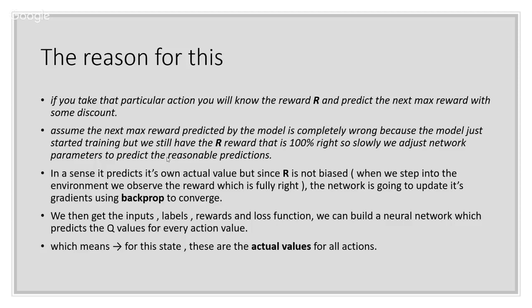In a sense, it predicts its own actual values, but since R is not biased, when we step into the environment, we observe the reward, which is fully right. The network is going to update its gradients using backpropagation to converge. We then get the inputs, labels, reward, loss function, and we can build a neural network which predicts the Q values for every action, which means for this state, there are actual values for each action.